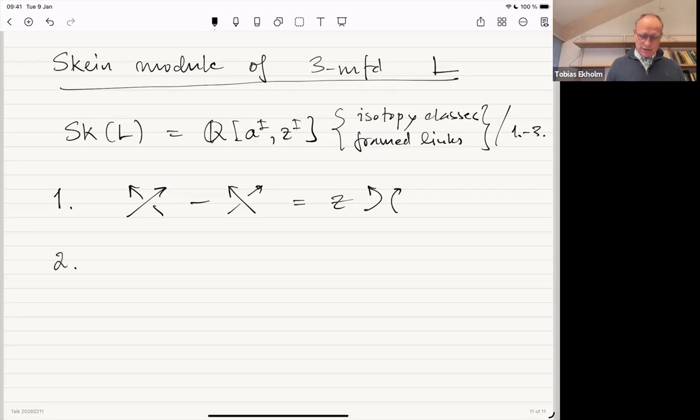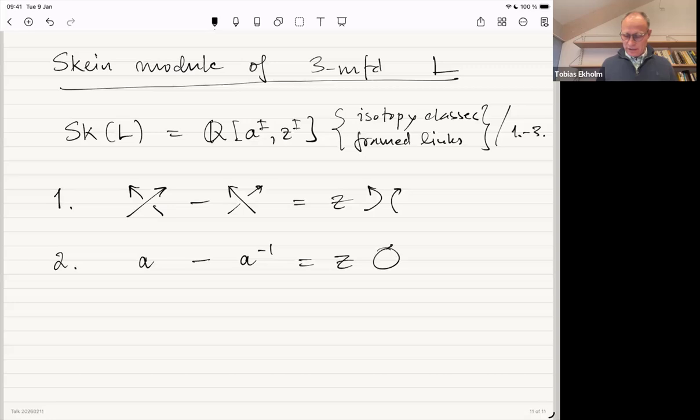The second Skein relation is basically, in the knot theory literature, called the normalization of the unknot.